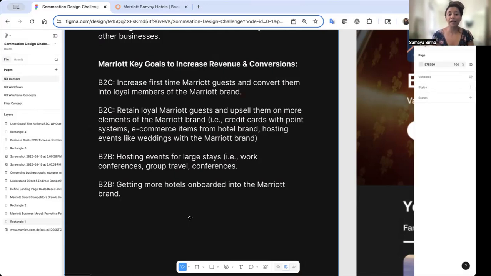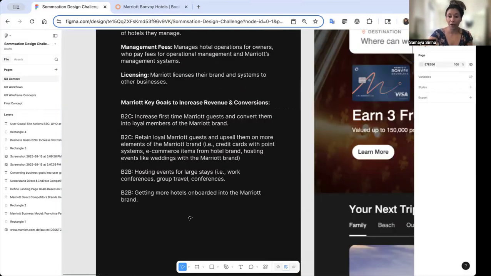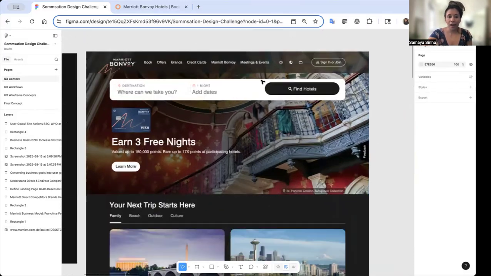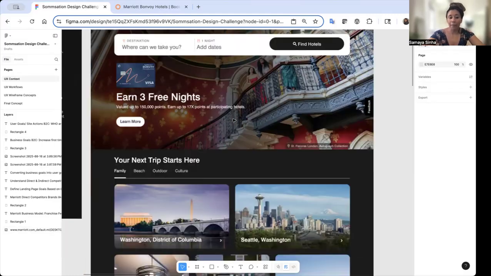So B2B, they really make revenue from B2Bs by hosting events for large stays such as work conferences and group travel conferences. And from a B2B perspective, they're also getting more hotels onboarded into the Marriott brand. Taking a look at Marriott websites today, you can see that they really prioritize the B2C side of things. They prioritize finding a destination and finding hotels.